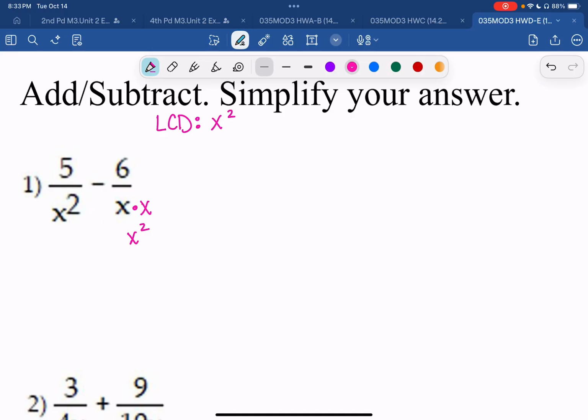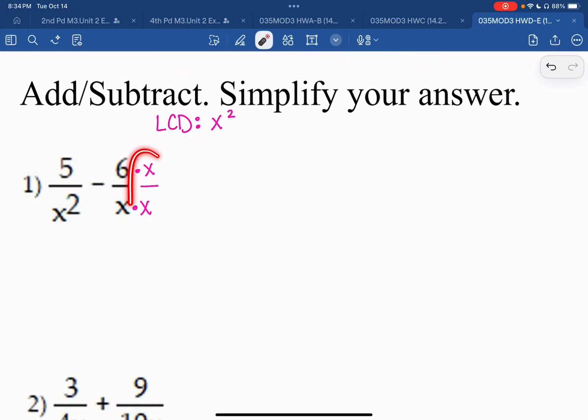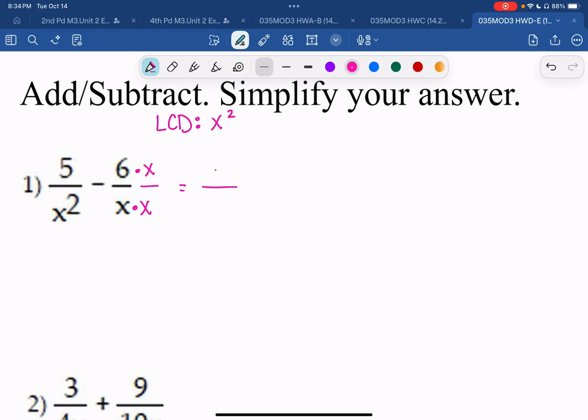So what you have to remember is that you can't just multiply a denominator. But if I multiply the numerator and the denominator, well then that's like multiplying by 1 and it doesn't change anything. So that makes it okay. So what happens here, my first part, I didn't change anything. It's still 5 over x squared minus.